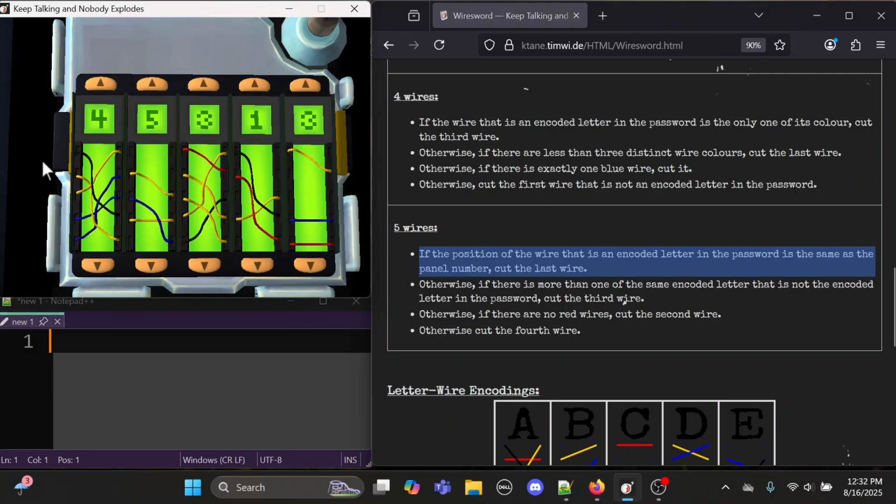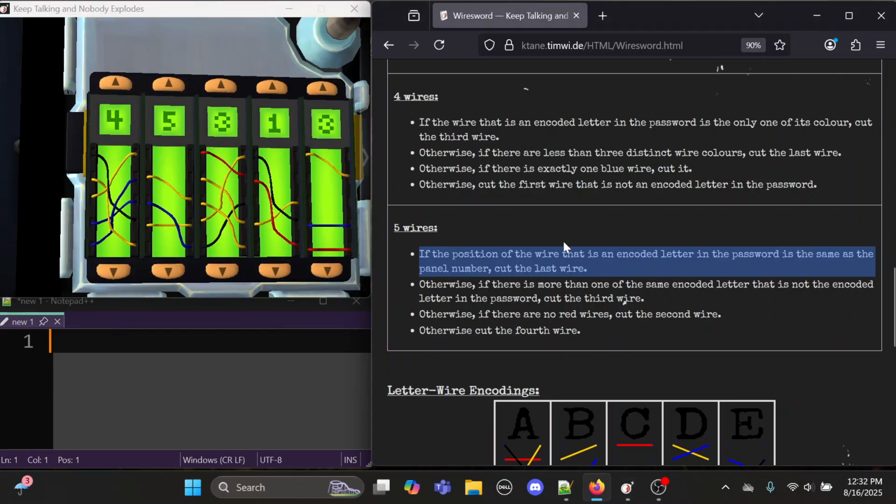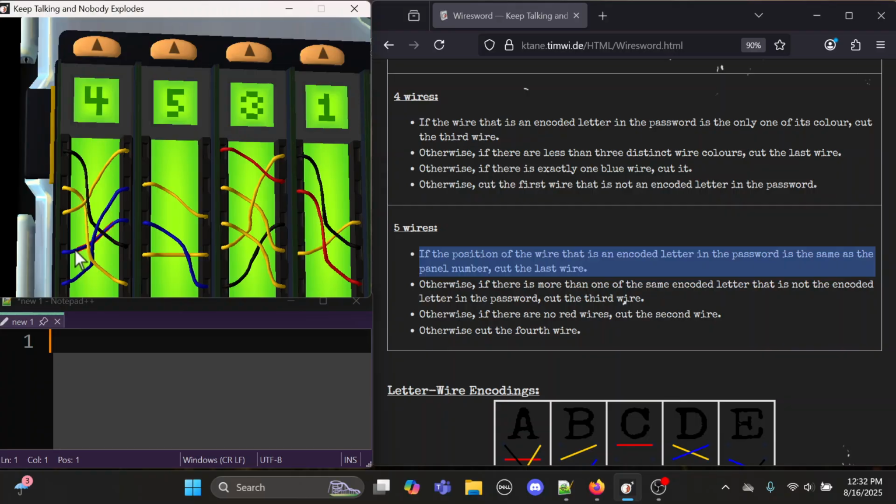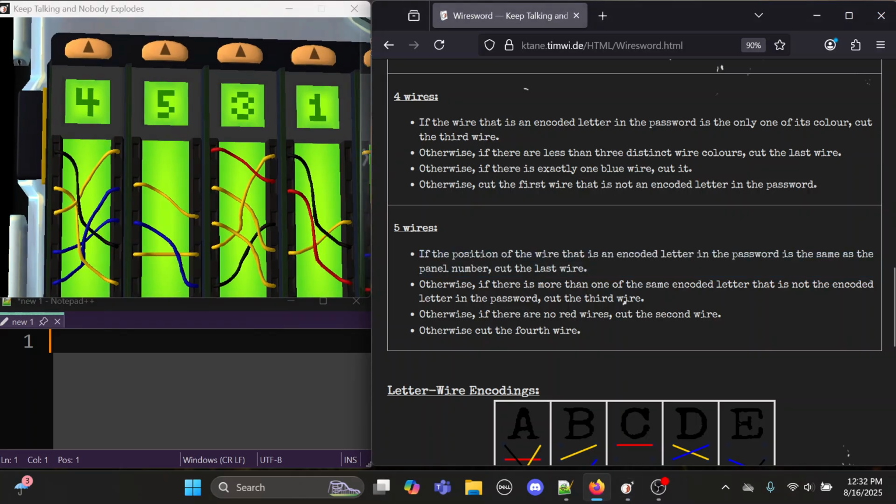So in this case, our panel number is 4. Was the wire color that we used for the S at the port 4? In this case, it is not, because port 4 is a blue wire. We did not use blue as our color. So therefore, this is not true.